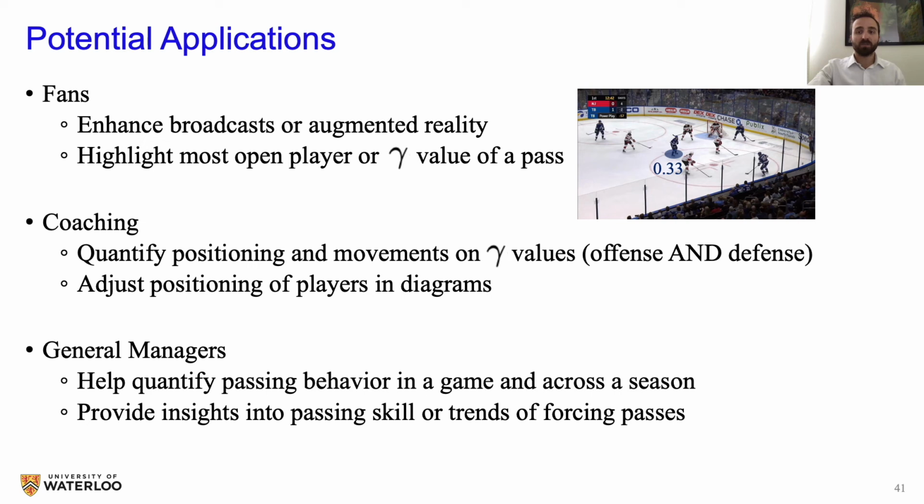For coaching and reviewing video, our models could provide quantifiable impacts of positioning and movement for both offensive and defensive situations, and allow coaches to manually adjust the positions of players to study what their positioning could actually do to the available passing lanes. And for general managers, since watching every second of a potential prospect isn't feasible, our models could help quantify passing behavior in a game or across a season and provide insights into player skill or passing trends.